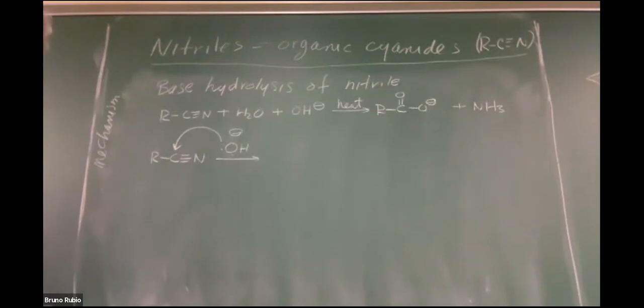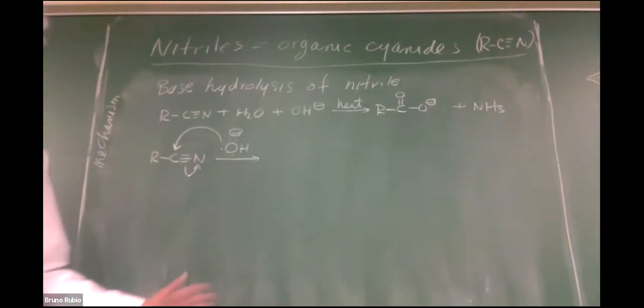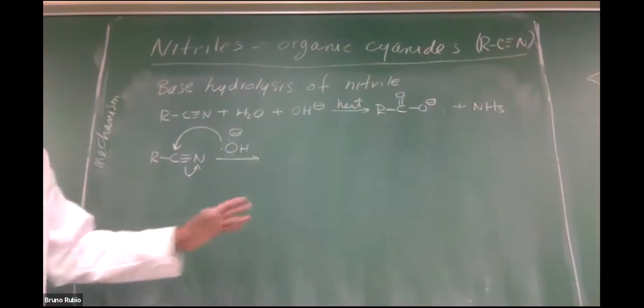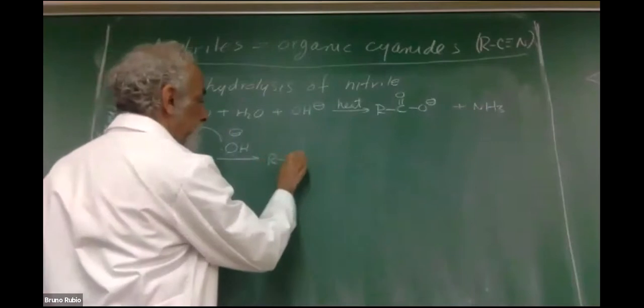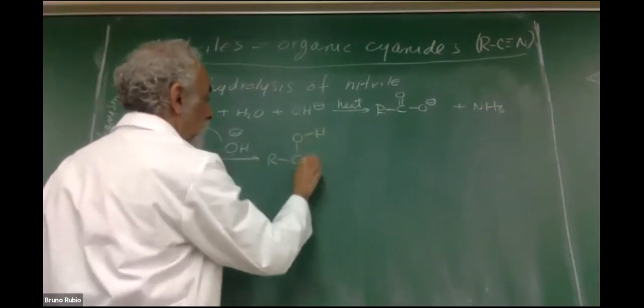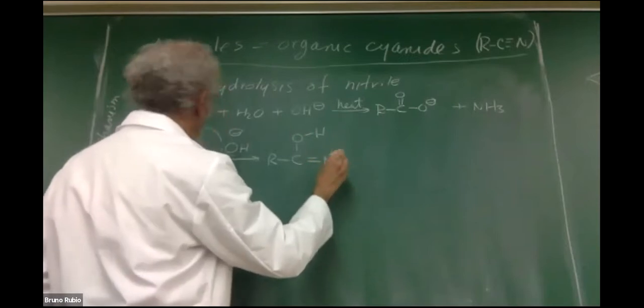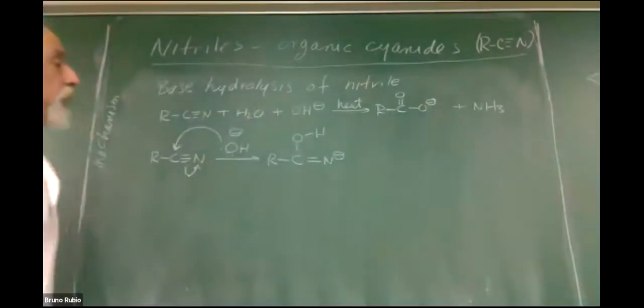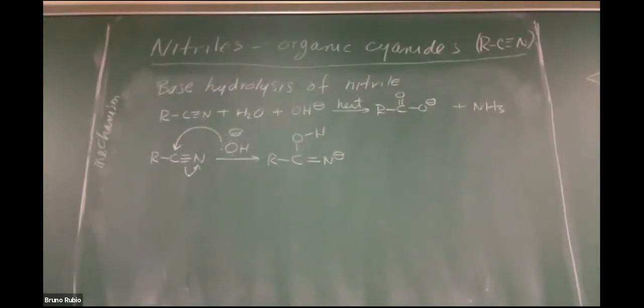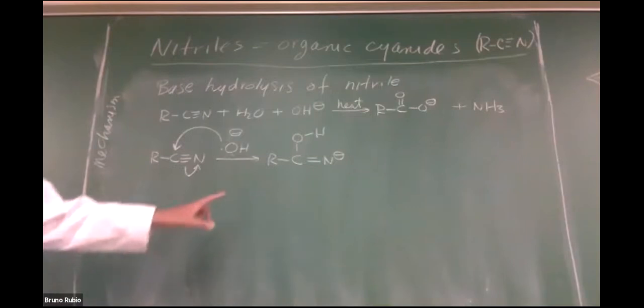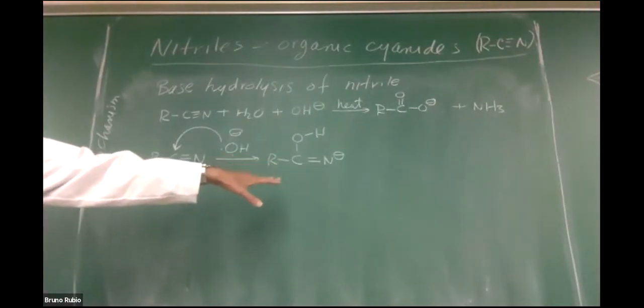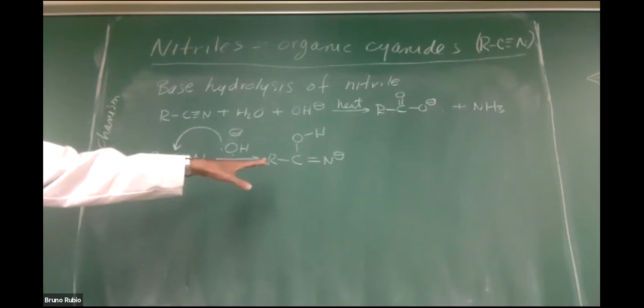We can't stop there because if we do, we're going to have a carbon with 5 bonds. So what we have to do is chase away one of the bonds in the triple bond, giving the electrons to the nitrogen. Okay, so we have an intermediate that is going to look like this. Now a couple of different pathways could be followed here.